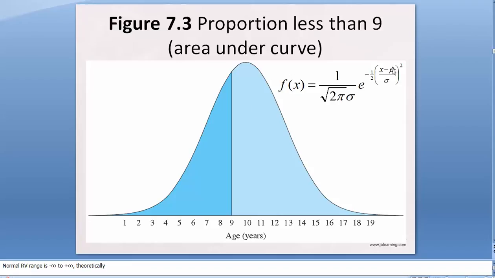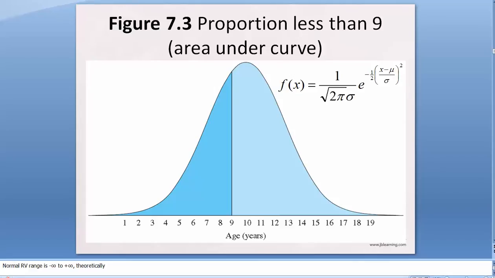Mu can be any real number: negative, positive, or 0. Sigma is a positive number. Both can be varied, and you can generate infinitely many normal curves.